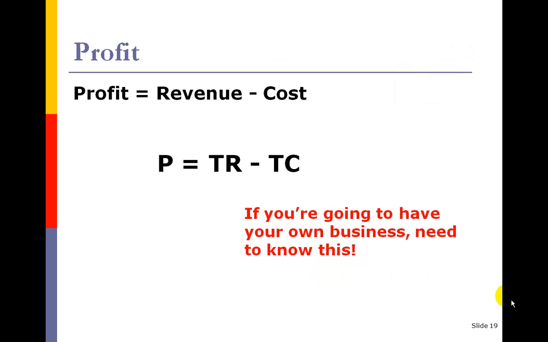Another economic formula that we play with is profit. A nice simple version of it is revenue minus cost: profit equals total revenue minus total cost, TR minus TC, or R minus C. If you're in your own business, you really want to know this, because this is where the money is. You want to make sure that you've got a profit.